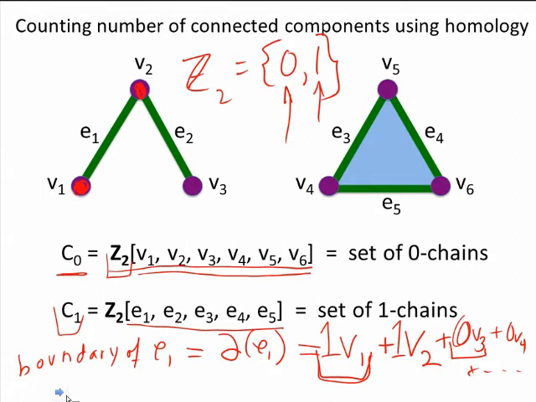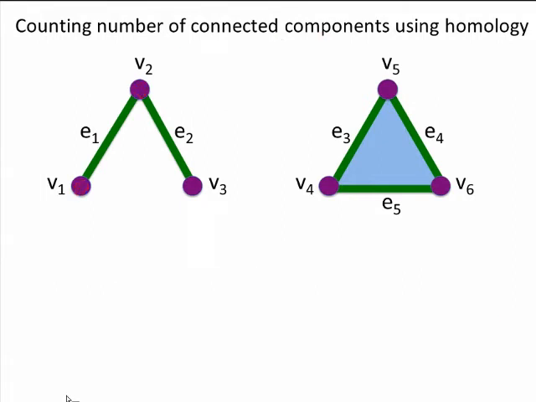So now let's go ahead and start clustering. Let's take a look at the component containing V1. So think about, what if you were a computer? Well, we could start with, I want to take a look at the component containing V1. I can then notice that I've got my edge E1, so I can look at my boundary of E1 is V1 plus V2.